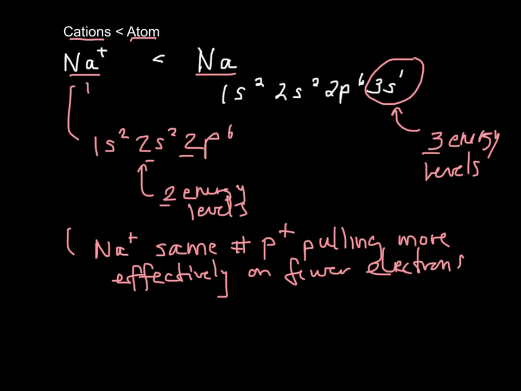They have 11 protons, that's the atomic number. But in the case of sodium, those 11 protons are trying to pull on 11 electrons. And for sodium ion, they have to only pull on 10 electrons, so they're able to pull them closer. Okay, so cations are always smaller than their atom.